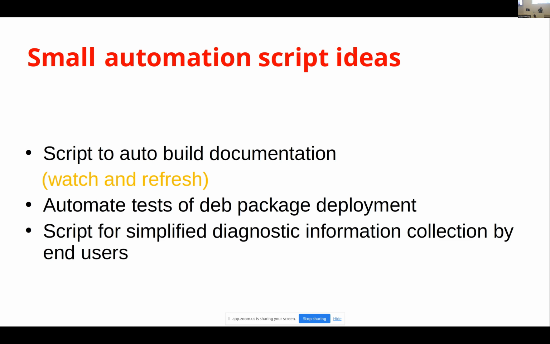You run the script, you change the documentation, and the script automatically detects that the documentation was changed and rebuilds it. So you don't need to do 3 steps: change the documentation, make a build, check, for example, in the web browser. You just change, and then you refresh the web browser, and you see the result. It's a little thing, but it can really increase your work productivity.